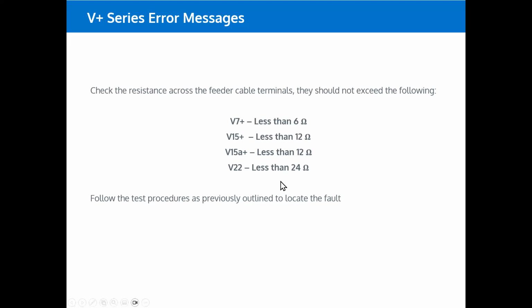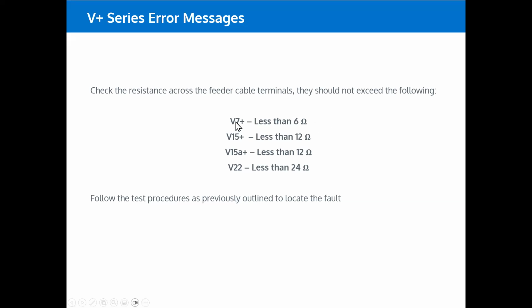So for the V plus series drivers, remember we were mentioning the maximum resistance that could be applied to the loop before the driver showed an error. These are the values for the V plus series.